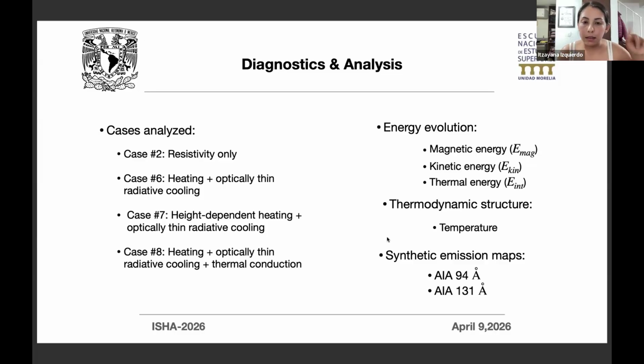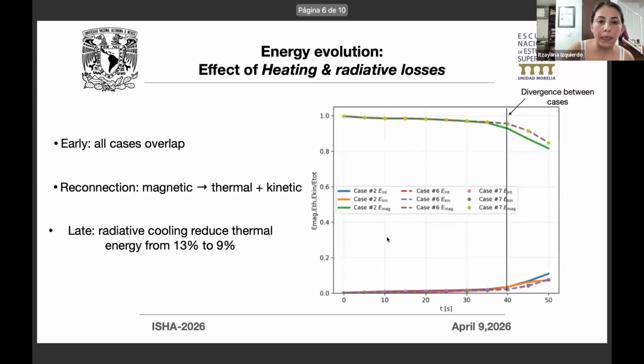And with this established, we study the energy evolution, the thermodynamic structure, and we compute synthetic emission maps in 2 different channels. Okay, let's move to the results, starting with the energy evolution.